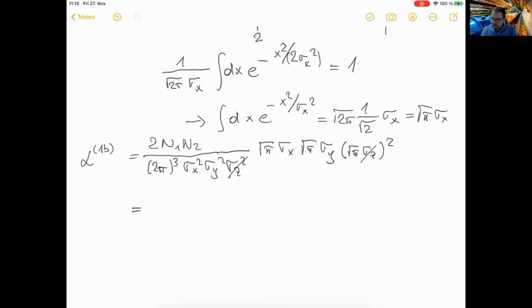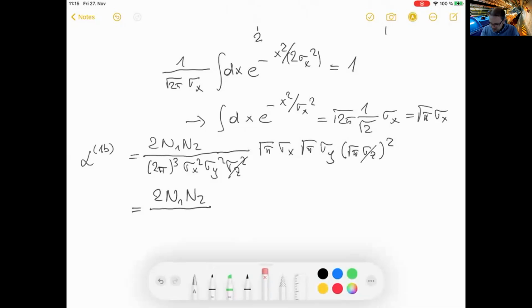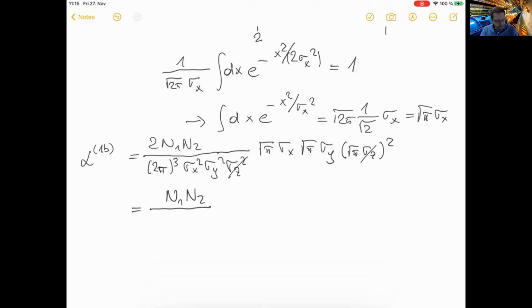But it is important that the bunch is collimated in the x and the y direction, because the single bunch luminosity comes out, as a factor of 2 cancels, as n1 times n2 divided by 4 pi sigma x times sigma y.